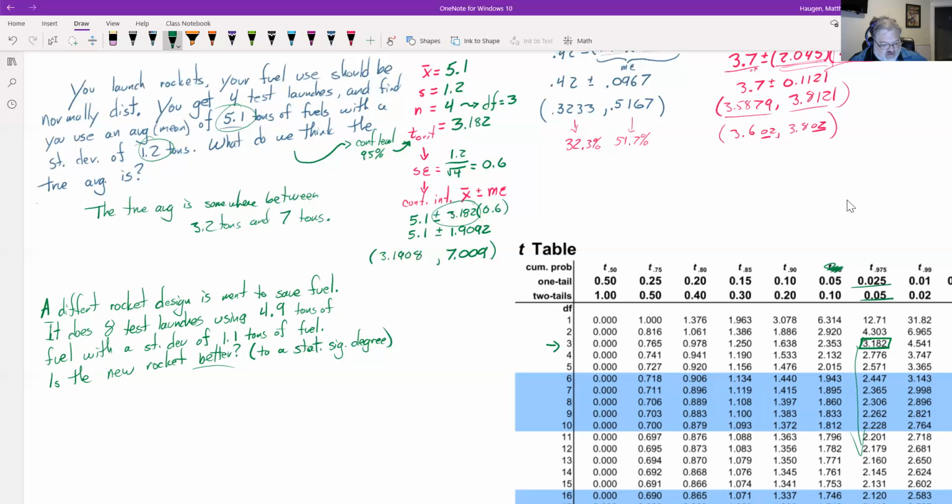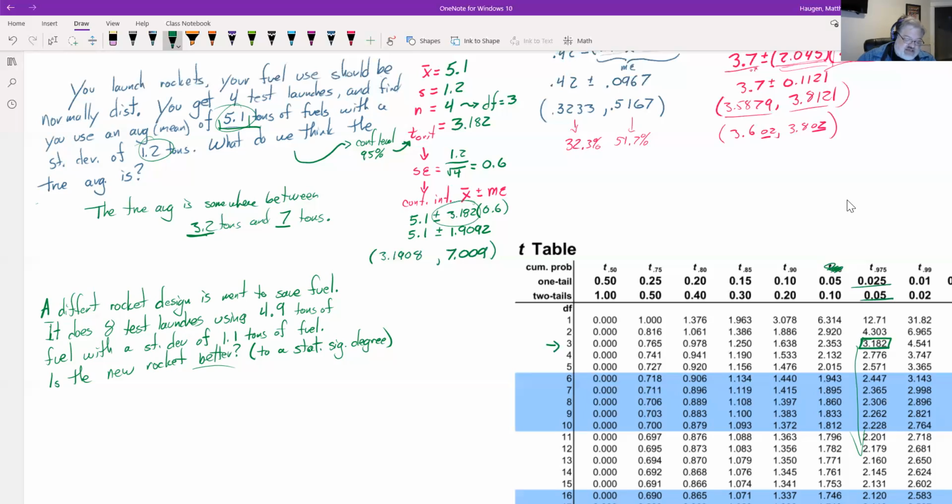But is it possible that it just had a good test day and the other one didn't? Well, of course that's possible. How possible is that? We are actually taking that into account when we find confidence intervals. Because also this 5.1 could have been a good day, could have been a bad day. We don't know. That's why we built a confidence interval, and said, instead of saying it's around 5.1, it's between 3.2 and 7. A fairly big range.